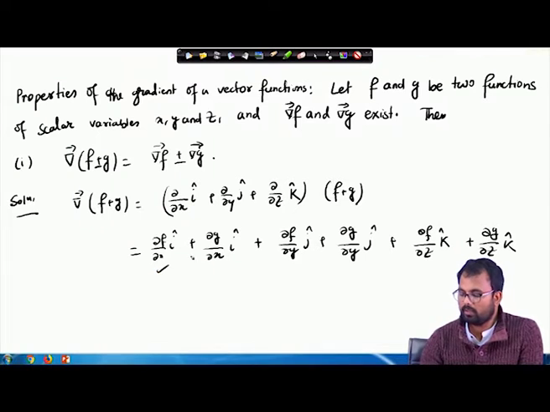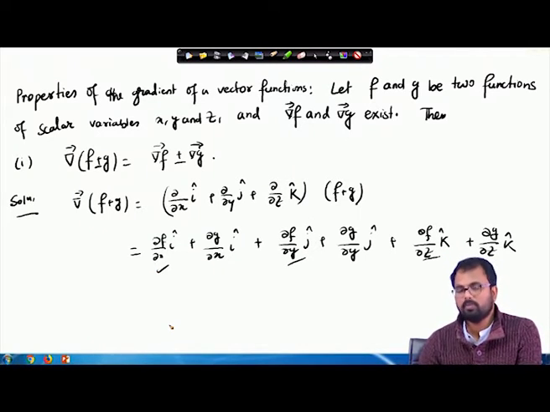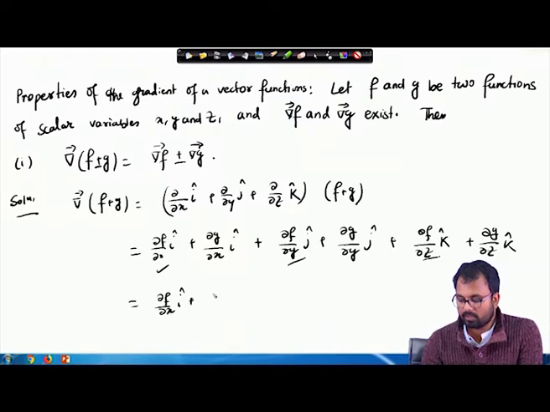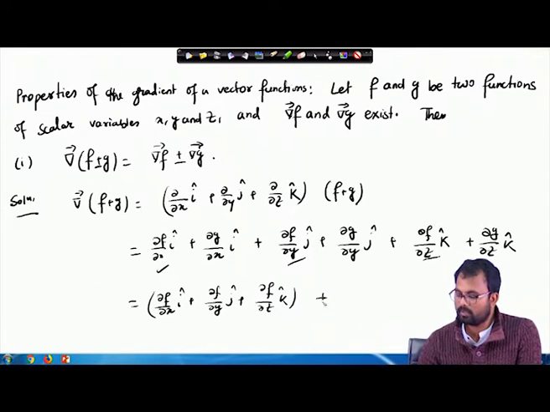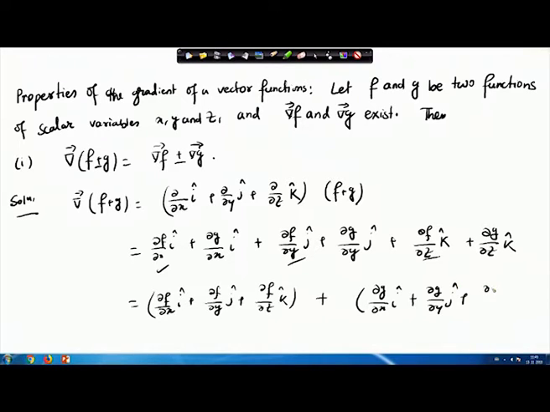Now, we gather the f terms in one place and the g terms in one place. So, this will be del f/del x times i plus del f/del y times j plus del f/del z times k, and then plus we gather the terms for g: del g/del x times i plus del g/del y times j plus del g/del z times k.